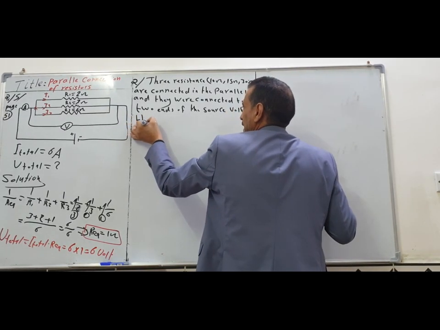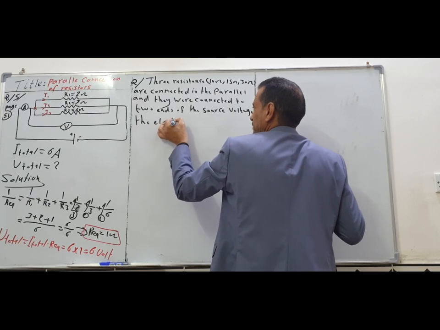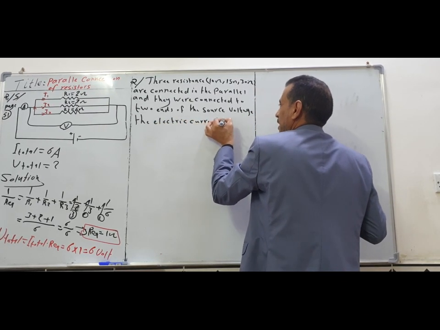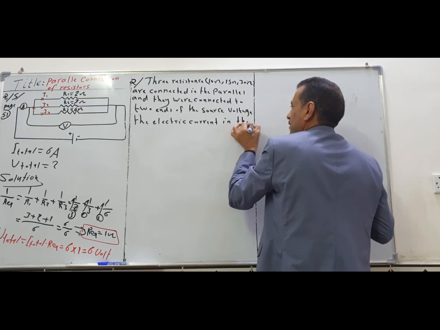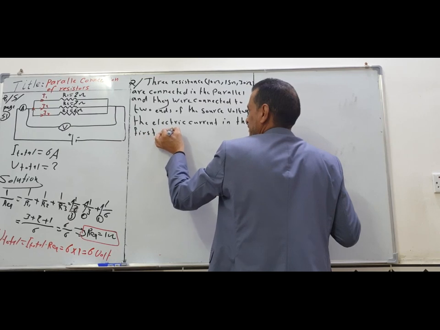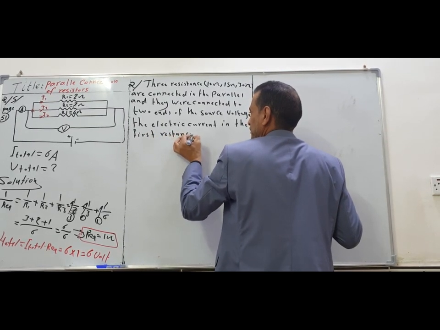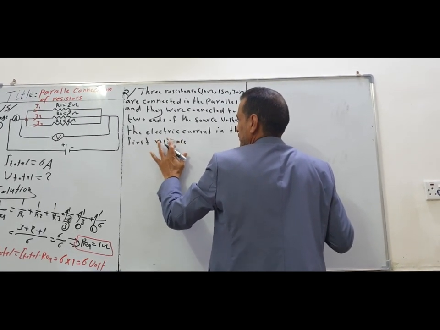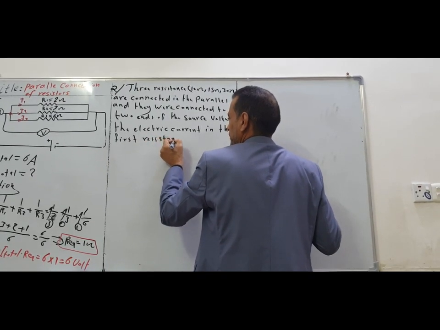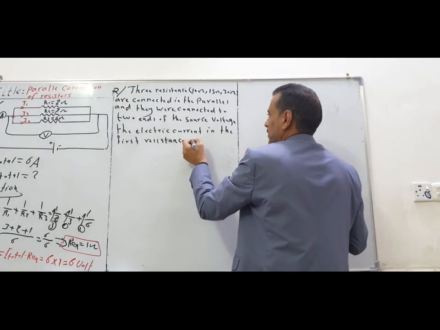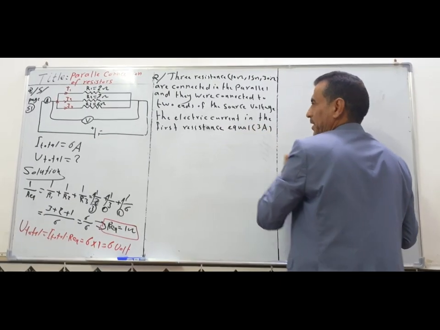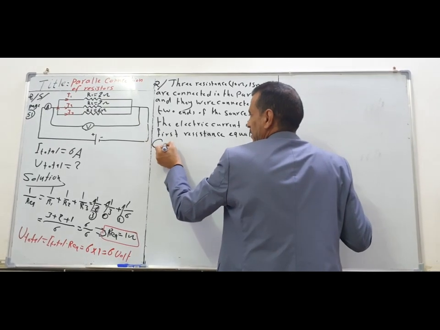The electric current in the first resistance equals 3 ampere. Calculate.